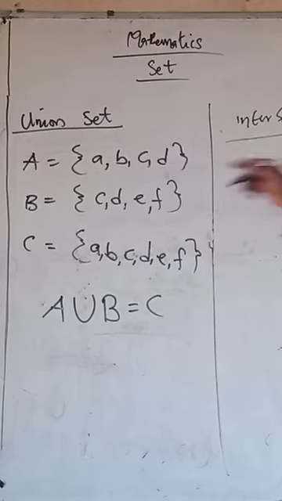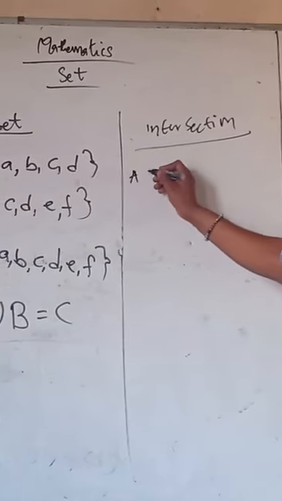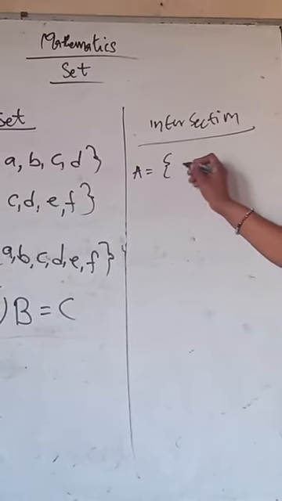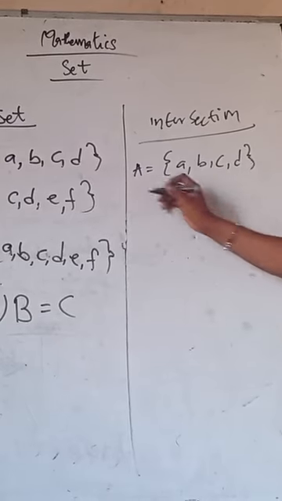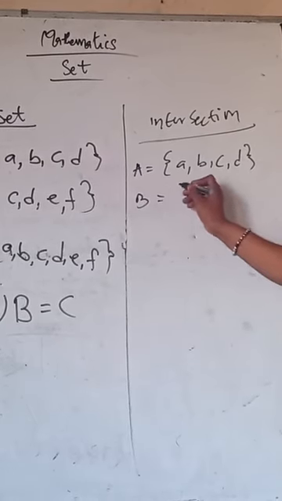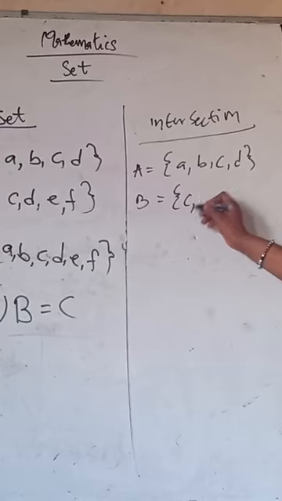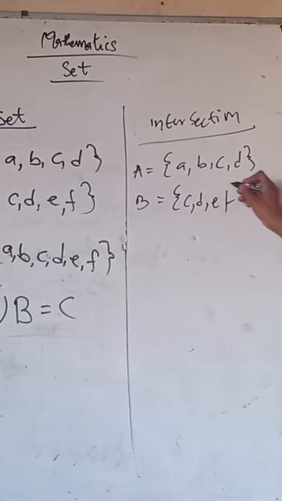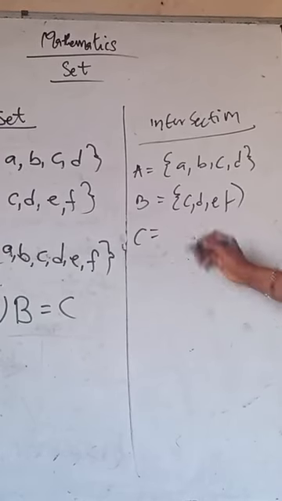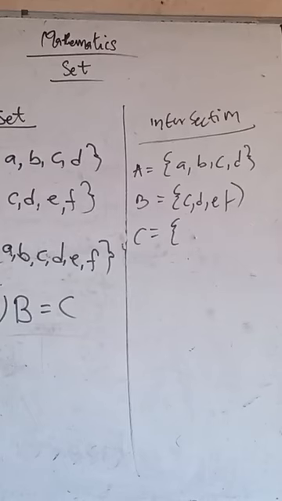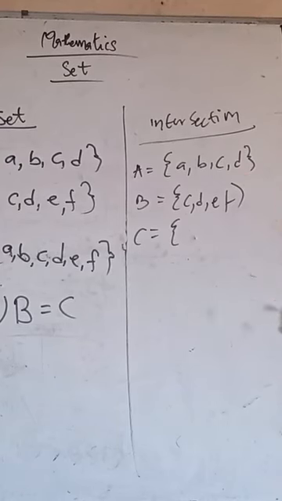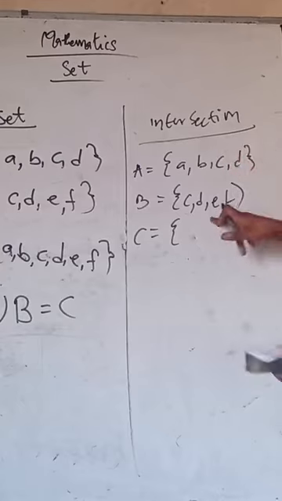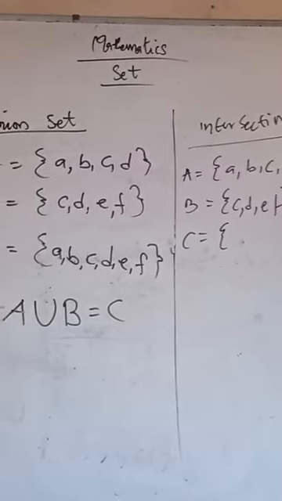For example, you have your A and your D. Then here you have your B. You have your C, D, E, and F. Now, to get the intersection of this, intersection is the common thing you can see in A and B, bring them out together.